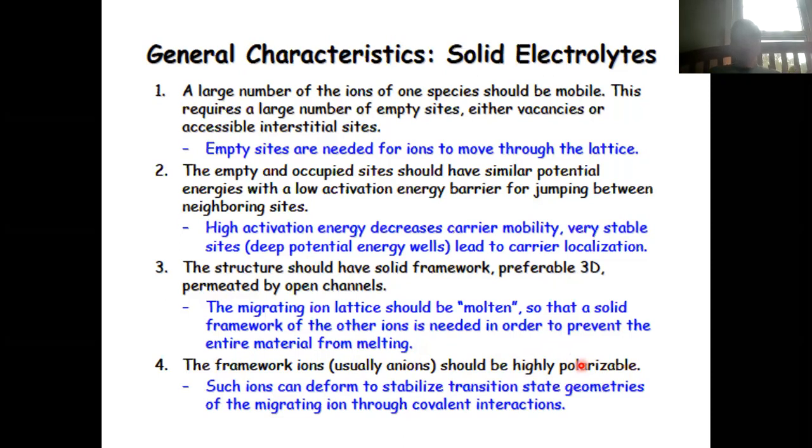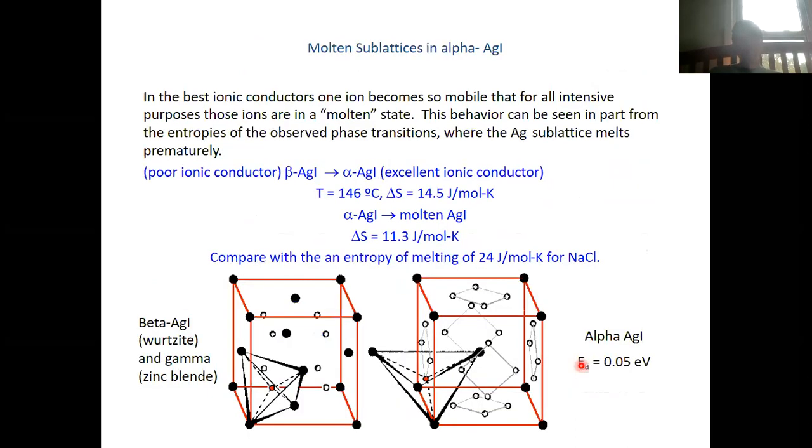So now let's apply these general rules and look at a number of cation conductors and try to understand why these cation conductors support ion conductivity. One very interesting ion conductor is alpha silver iodide, which can conduct silver ions.